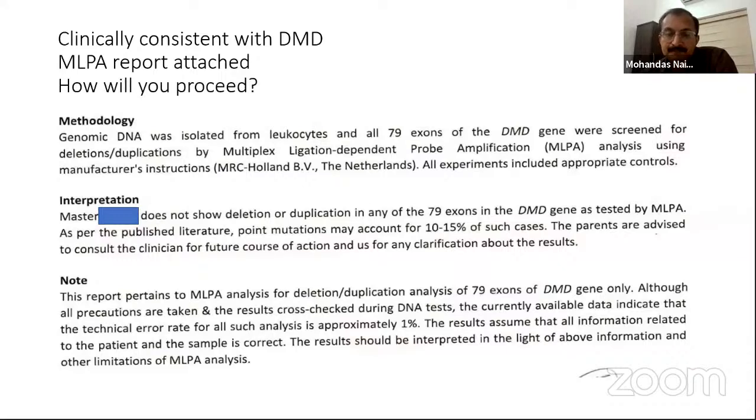So with this, you cannot rule out Duchenne muscular dystrophy, because this deletion or duplication you can get only in up to say 85 to 90% of cases. The rest of the cases, 10 to 15%, can be point mutations, which is given in that particular report itself. So you have to look for point mutations to confirm or rule out the possibility of Duchenne muscular dystrophy.